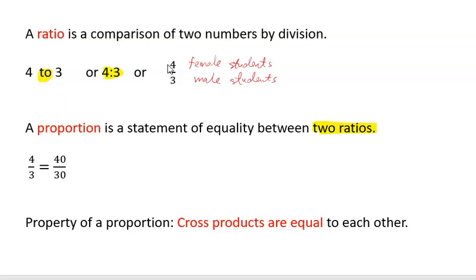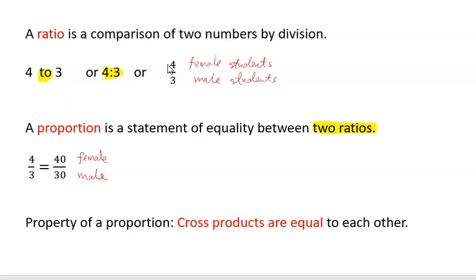But it doesn't necessarily mean there are only 4 female students and 3 male students in class. For example, we could have 40 female students and 30 male students. So the ratio of the number of female students to male students is 40 to 30.